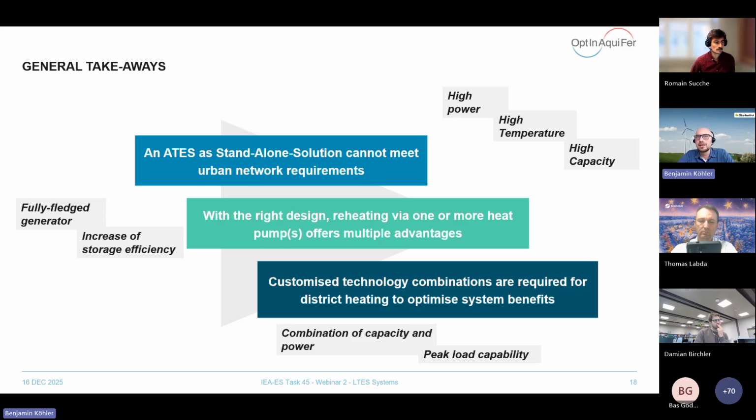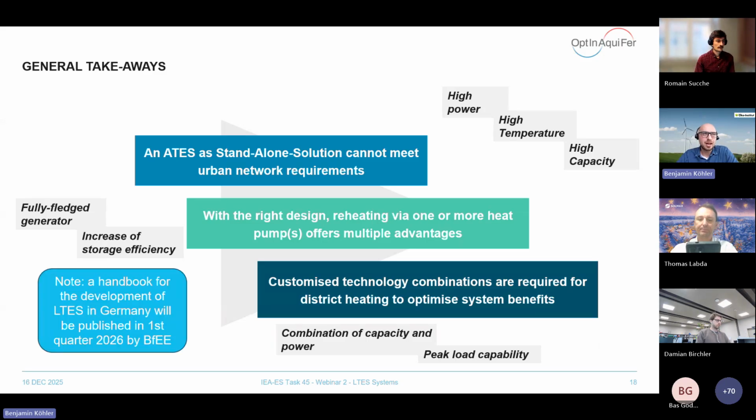And finally, customized technology combinations are required for district heating to optimize the system benefits. So it's the combination of capacity and power of the ATES in combination with other technologies. And the question is, can we provide also peak load, so heat when it's most expensive in district heating systems?